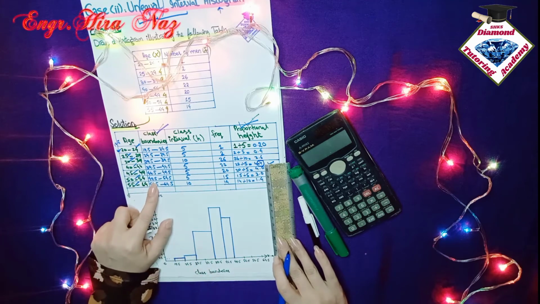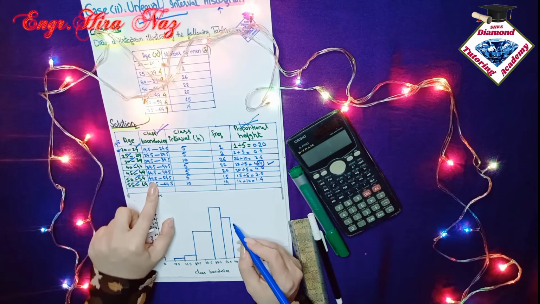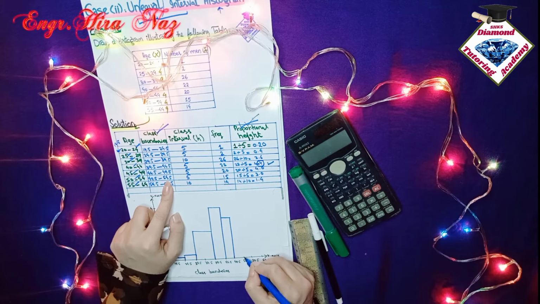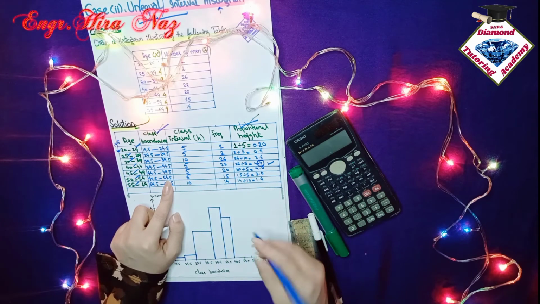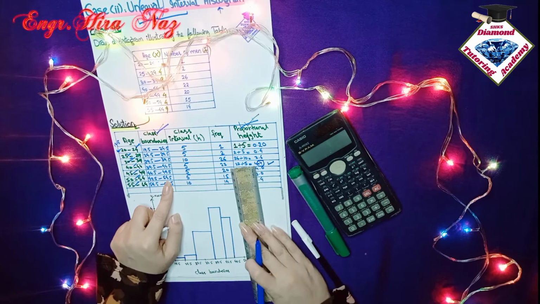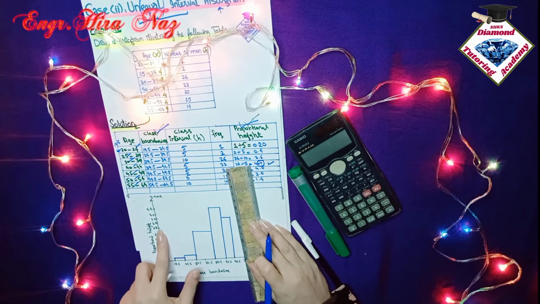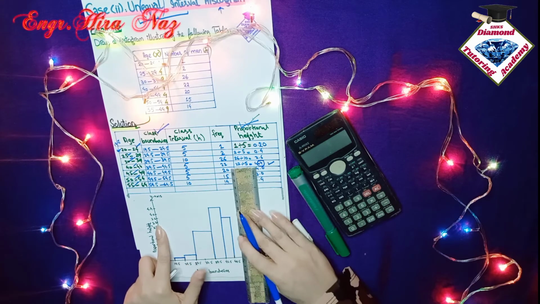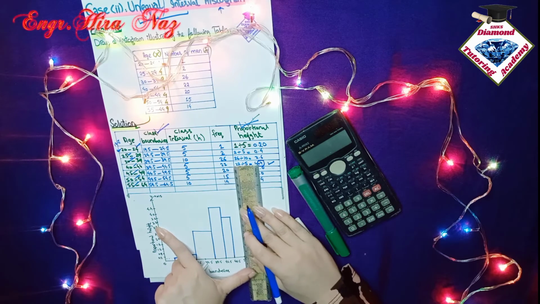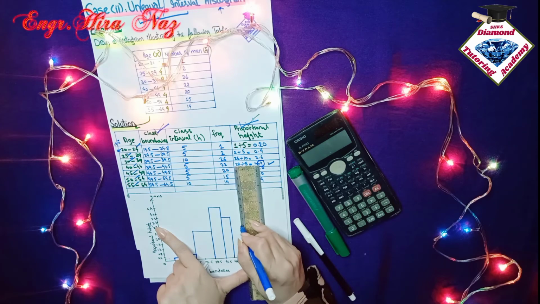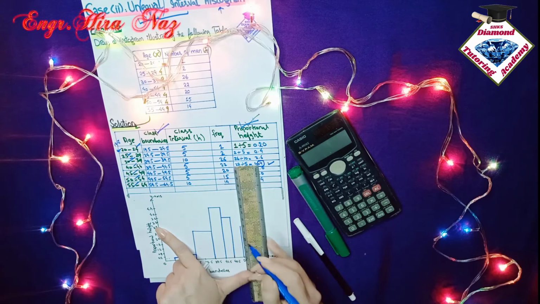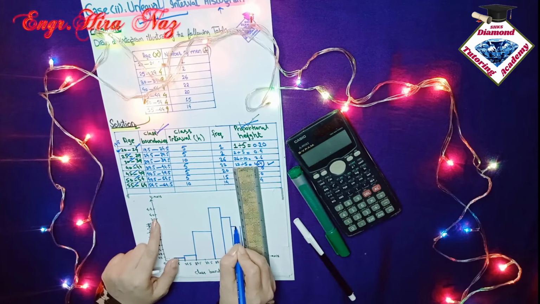Next is 49.5, the lower limit, and the upper limit is 54.5, and the height for this is 3, which is somewhere here. A rectangle for this interval is this.